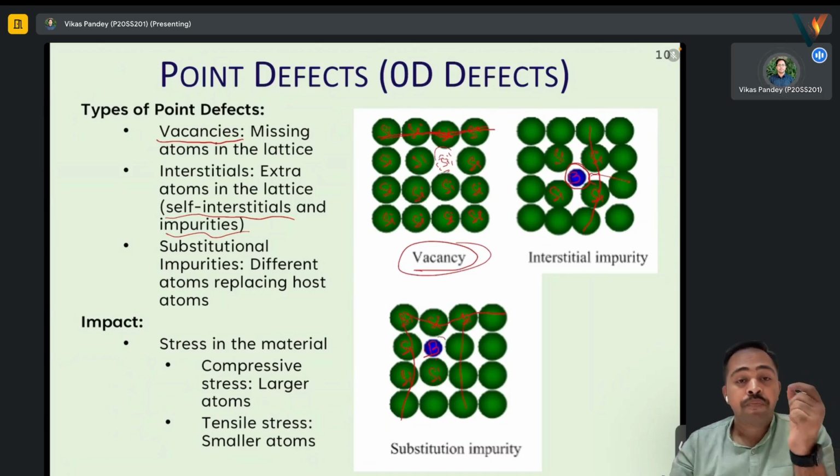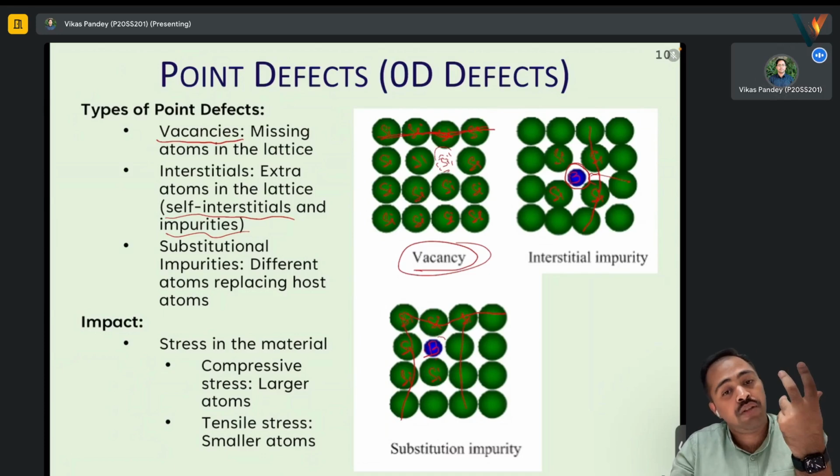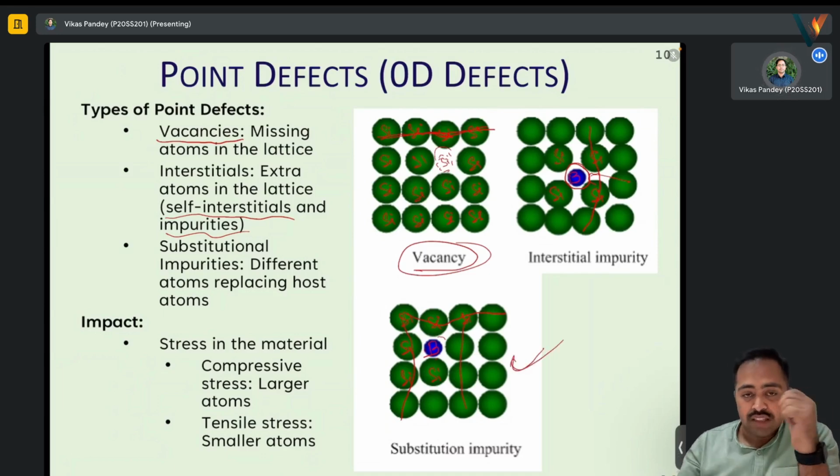Okay, so there can be two types of stress developing due to these point defects. One is compressive stress, that is when a larger atom is present. The second is tensile stress, if a smaller atom is present. Like in this case, it will be a tensile stress.